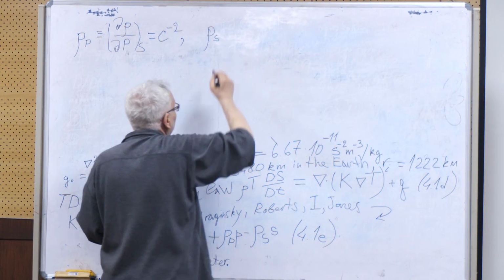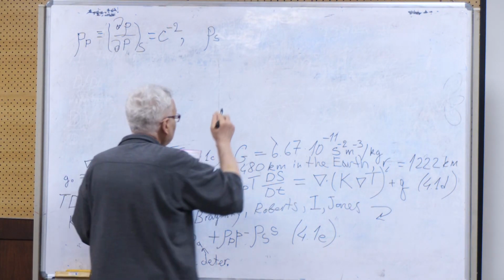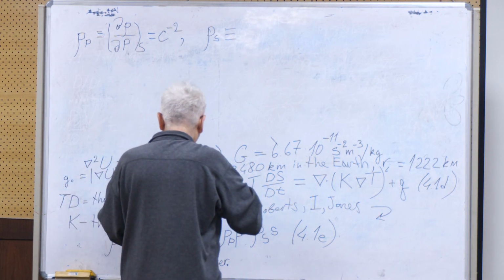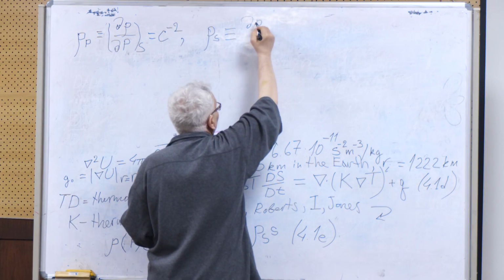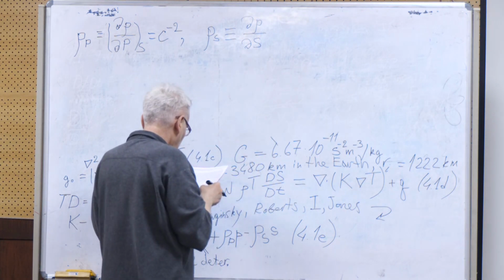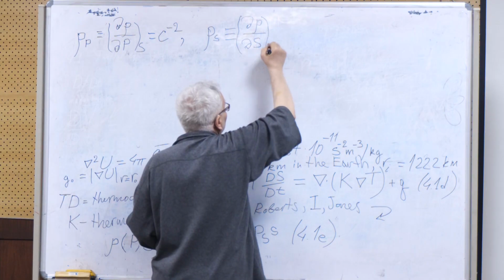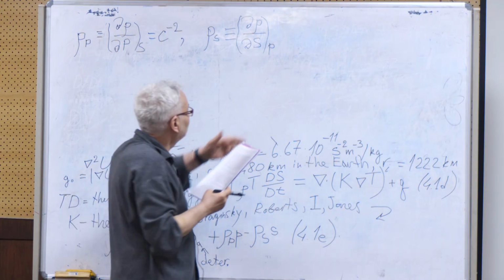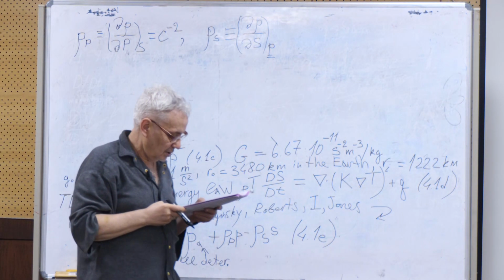The adiabatic component of the density, and by definition, it's again quite similar. We are getting derivatives with respect to the entropy now. So we are getting derivatives with the entropy on the condition of constant pressure. So we put it like that. Here is the capital pressure. Let me stress that.